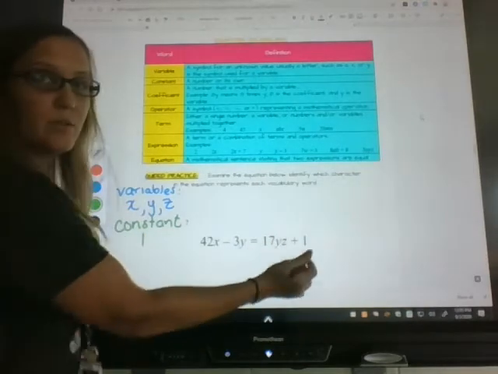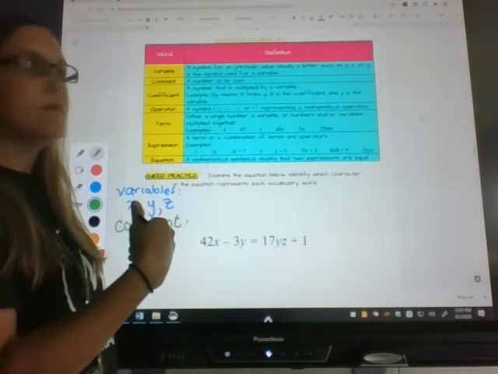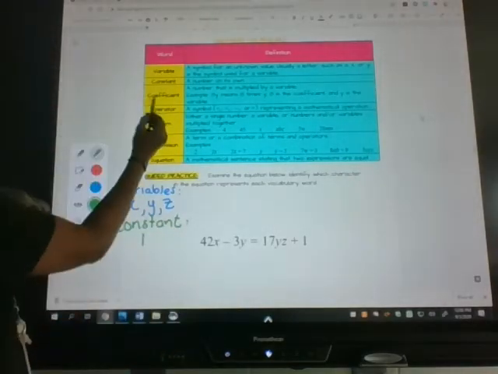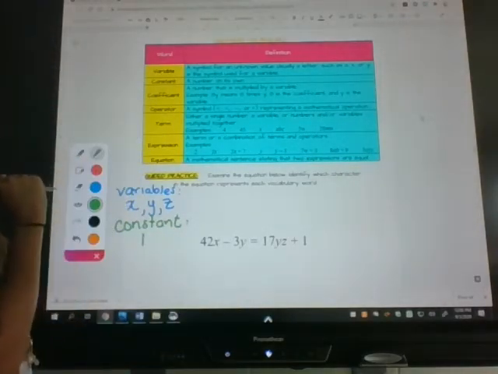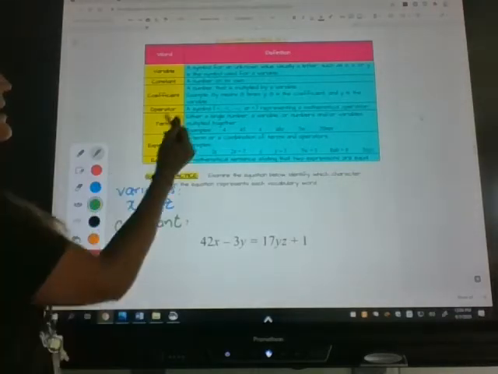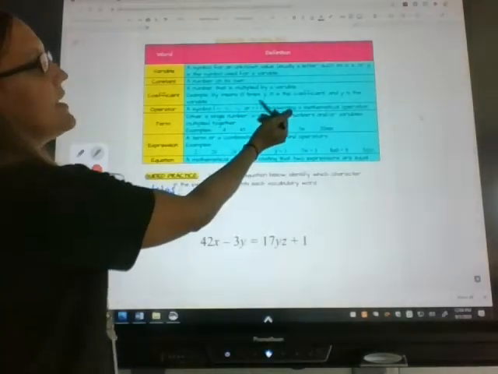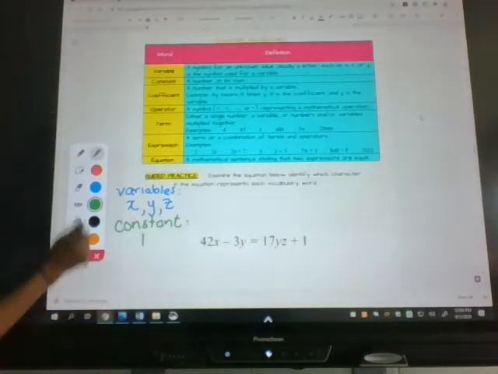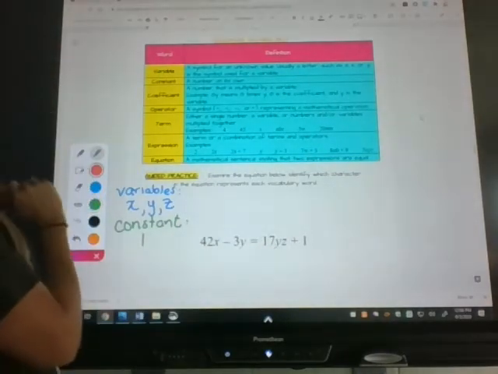If it was a -1, the constant, you would take the sign with the term and say it was a -1. The next vocabulary word is coefficient, a number that is multiplied by a variable. Example, 8y means 8 times y. 8 is the coefficient and y is the variable. So in our example down here, we have a few coefficients.